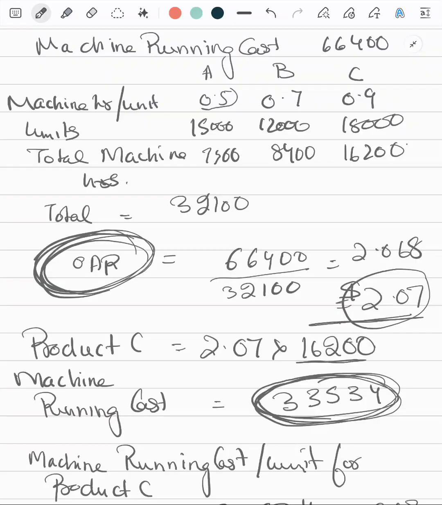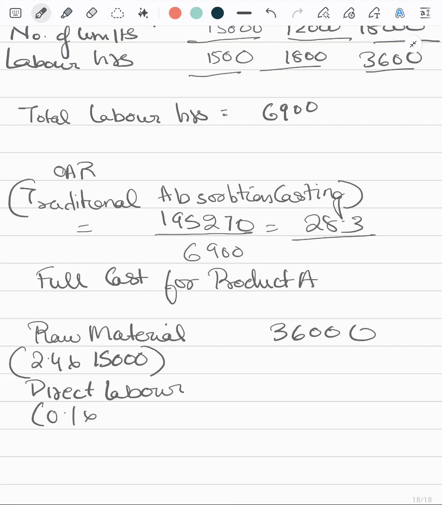So the labor hours which have been taken by product A, the direct labor cost is 0.1 and 14.8 is the absorption rate. We have to multiply this by units as well, because 0.1 is taken for per unit. 0.1 labor hour is required for 1 unit.